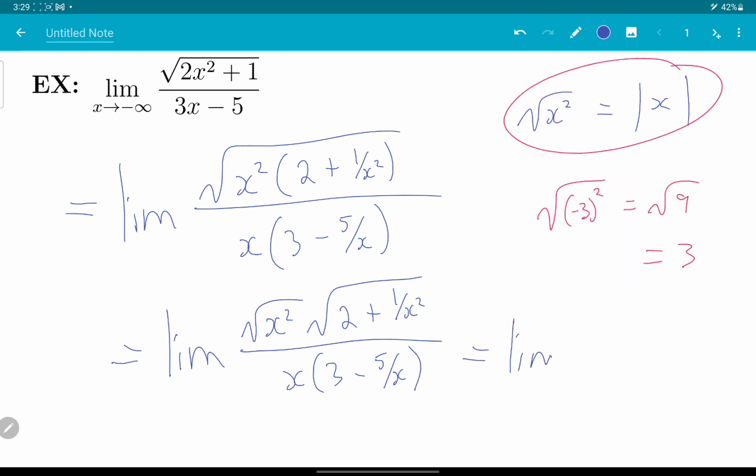So we get a limit, absolute value of x, root of 2 plus 1 over x squared, over x times 3 minus 5 over x. Now x is going to minus infinity.